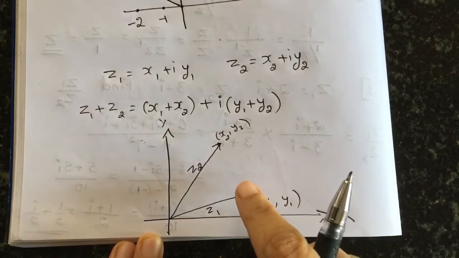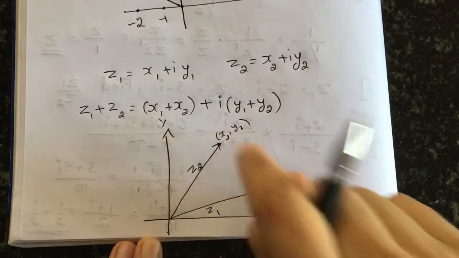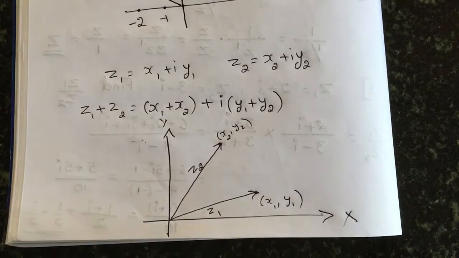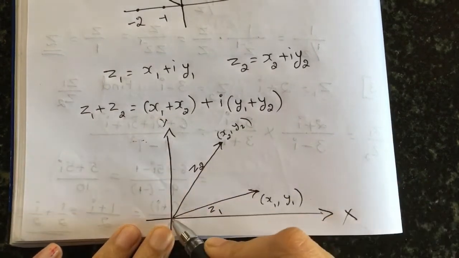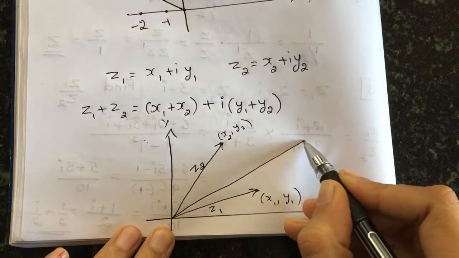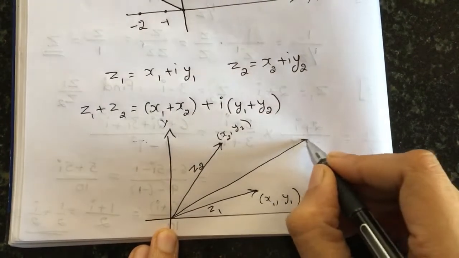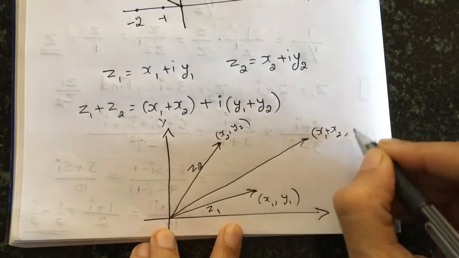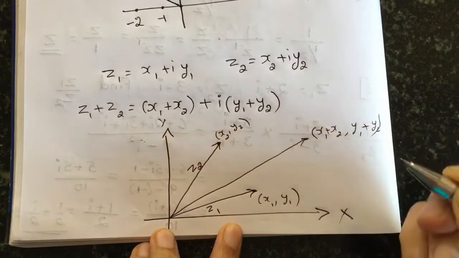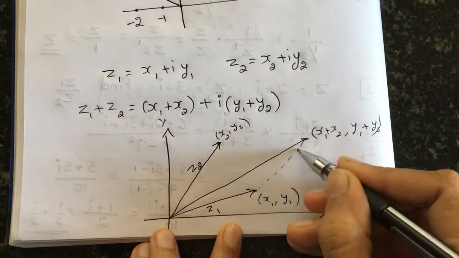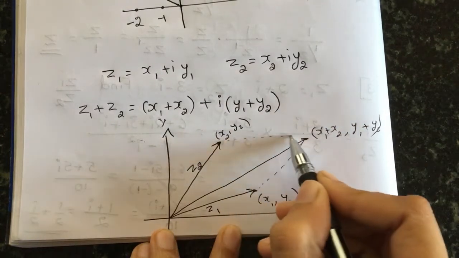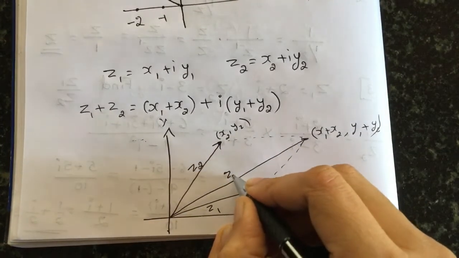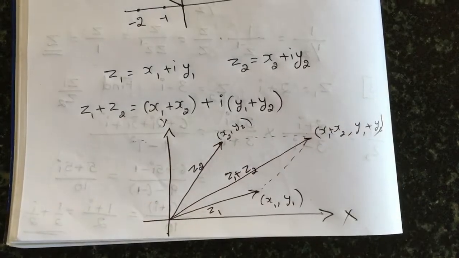The x1 coordinate is added with x2, so that will become the coordinate of z1 plus z2. So this will be extended, say somewhere here, and I get z1 plus z2. This is (x1 plus x2, y1 plus y2), because these two should be added. The coordinates of z1 and z2 are added together to get the complex number z1 plus z2.